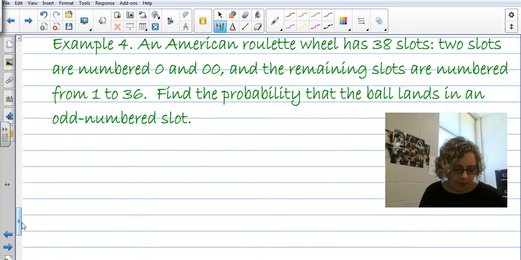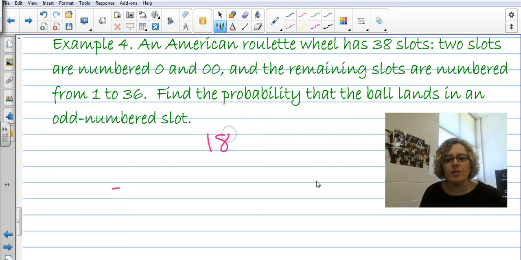All right, example 4. An American roulette wheel has 38 slots. 2 slots are numbered 0 and 00, and the remaining slots are numbered from 1 to 36. Find the probability that the ball lands in an odd number slot. So, how many odd numbers are between 1 and 36? Well, the answer is 18.